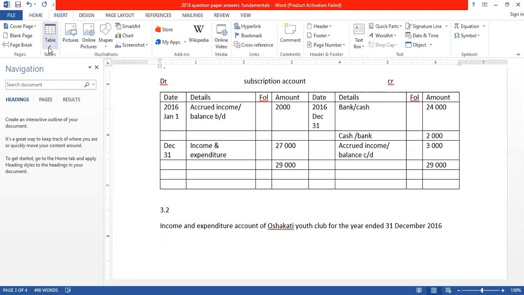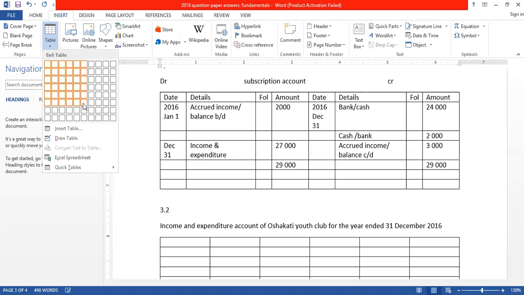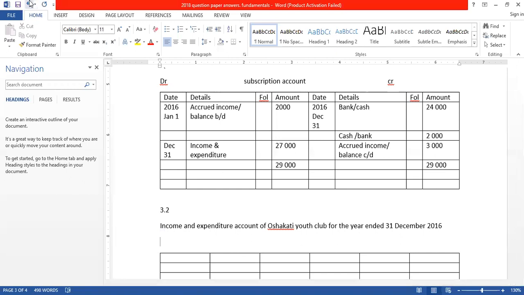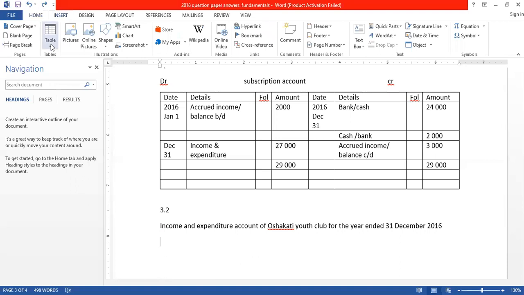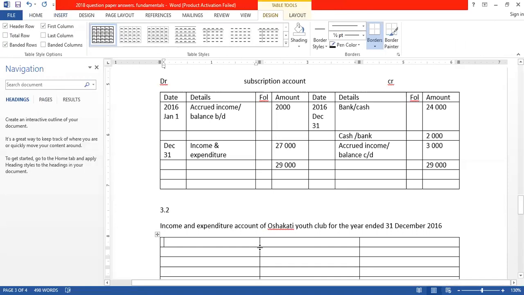It's actually a statement, with the date, details, and amount columns.